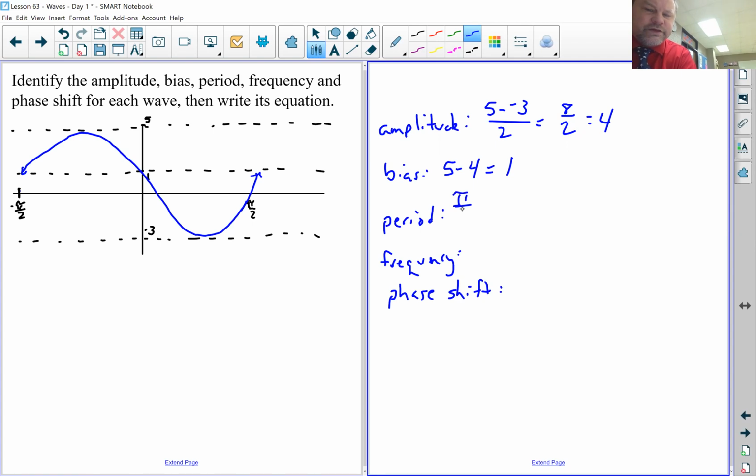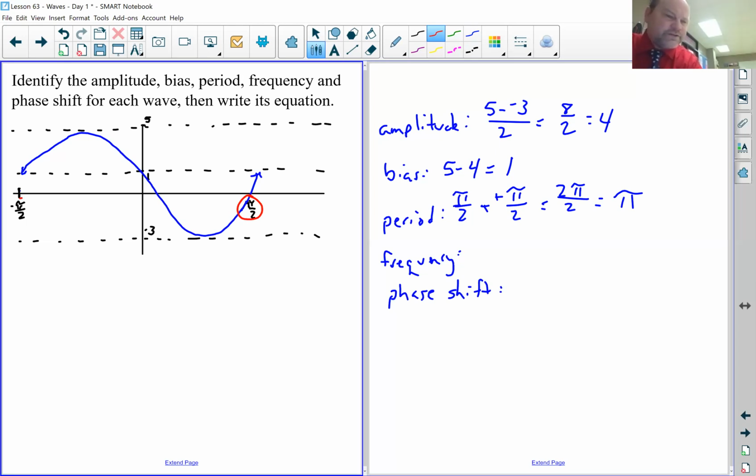So we take the x value at the end of one period minus the x value at the start of that same period. We would get 2 pi over 2, or just pi. So I'm just taking this value minus this value because that is how long the period is.